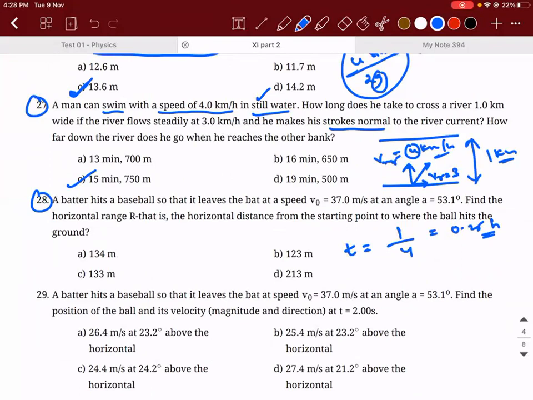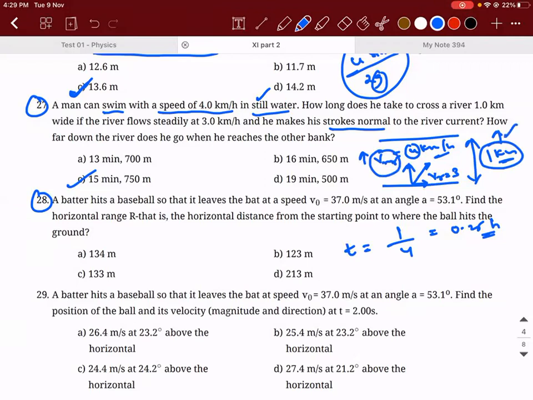Yes, sir. Okay, because 1 kilometer is in this direction, and this 4 kilometer is also in the same direction. So obviously, to find the time, if I say time is equal to distance by speed, the distance covered in a particular direction, 1 kilometer, is divided by the speed in that particular direction.